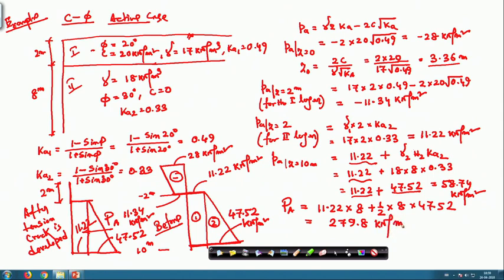Okay. And similarly, you can calculate the point of application of PA, that means y bar also, as I have already shown in the previous examples. So, you can calculate the point of application from the base. One is considering the rectangle, another is considering the triangle. In the triangle it is h by 3, for the rectangle it is h by 2. Then you can calculate the y bar.